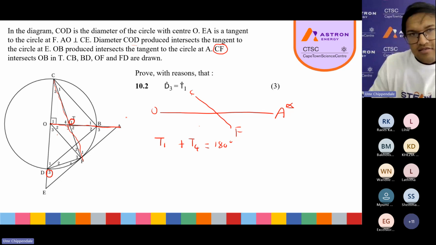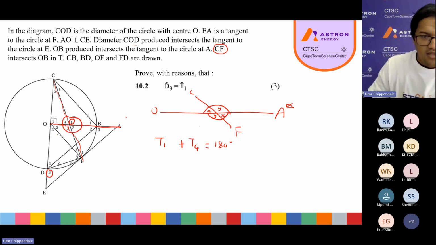When it cuts it like this, when lines intersect like that, we have the vertically opposites, where these two angles will be equal to each other, and these two angles will be equal to each other. So let's say this is X, and this is Y. Then vertically opposites, so this would be Y, and that would be X, right? So if we're looking at this T section only, we can then say that T3 plus T4 is also equal to 180 degrees.